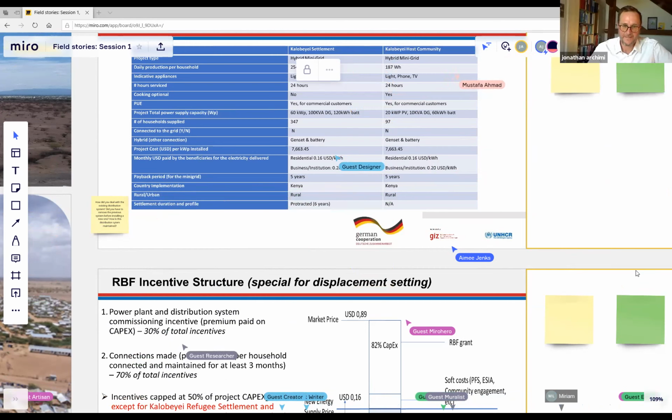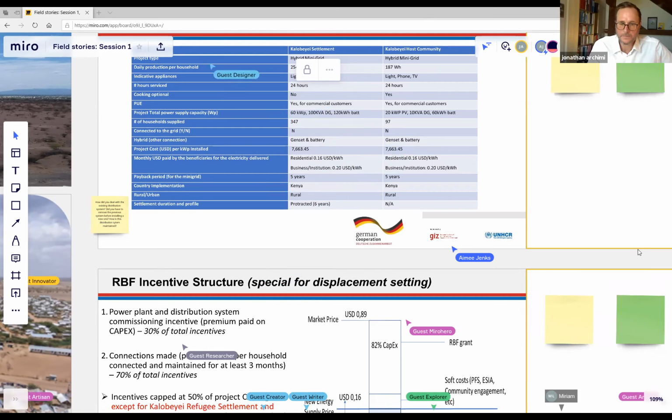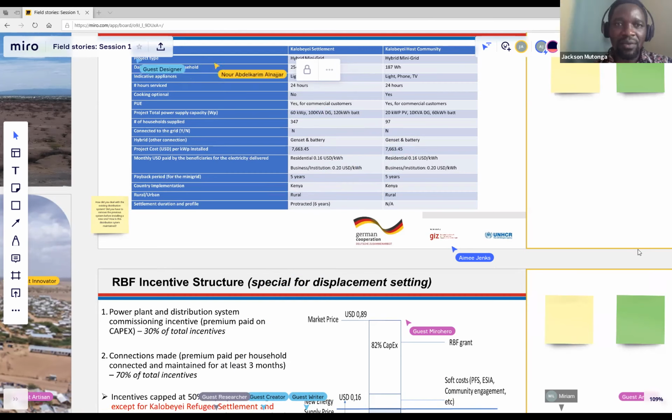Yes. So as I said, this Kalobey settlement was being established or was new by the time we entered. It was only 3 years old when we started the project, and there were not many local entrepreneurs with diesel generators, as it is the case with Kakuma refugee camp. So they were minimal.